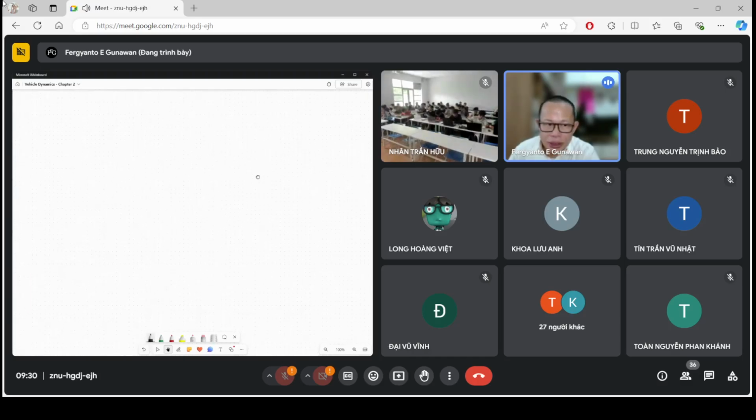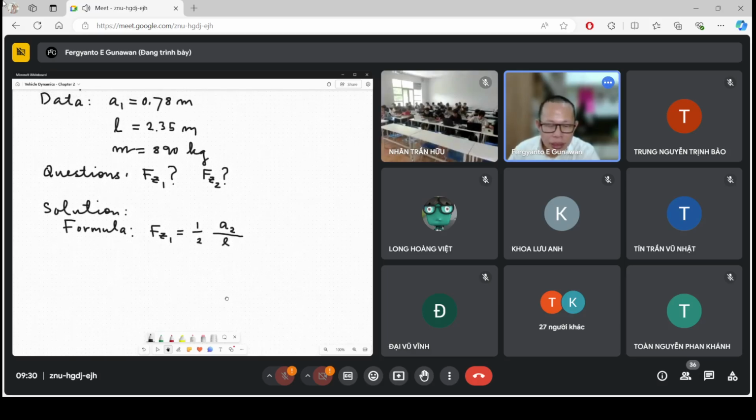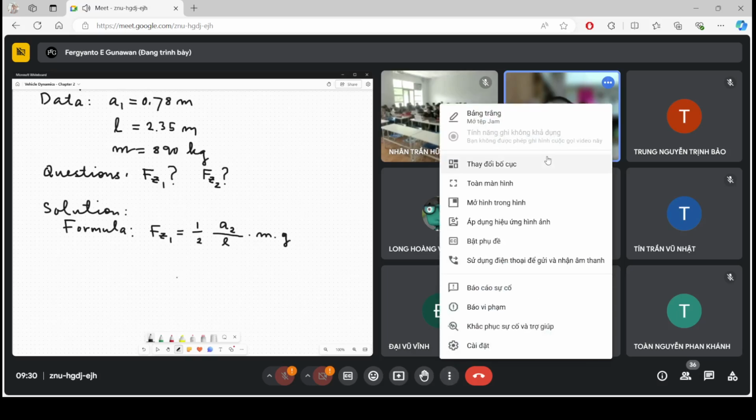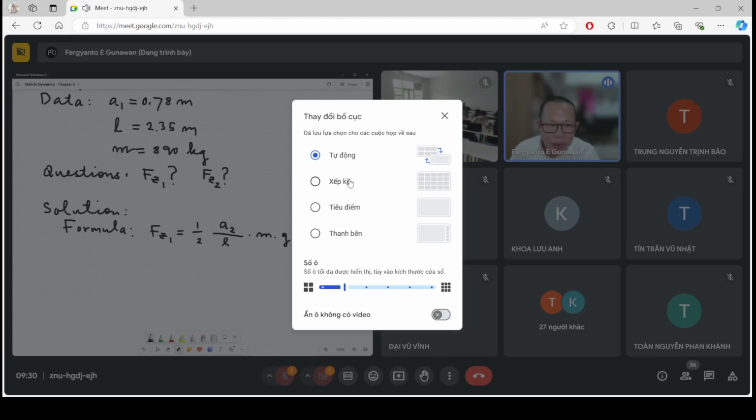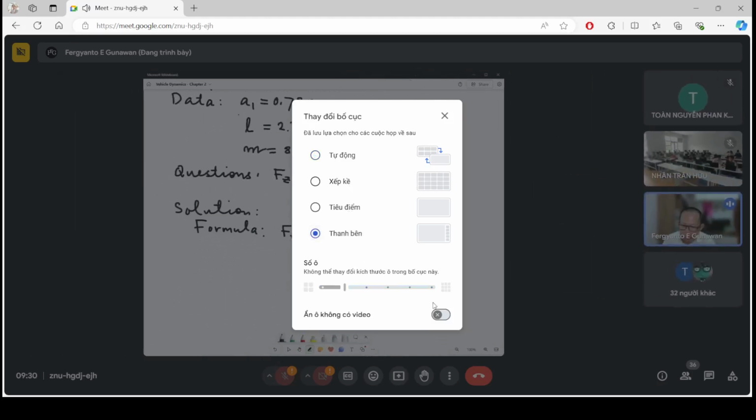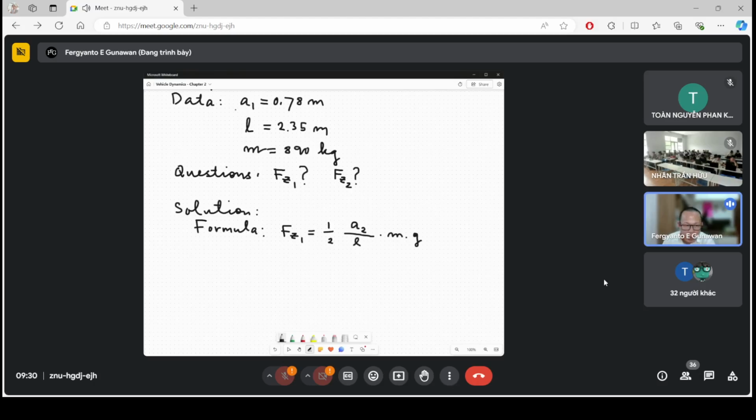I think I got it precisely. We don't have A2 up here, so we must obtain A2 first. Because A1 plus A2 equals L, A2 can be obtained by L minus A1.